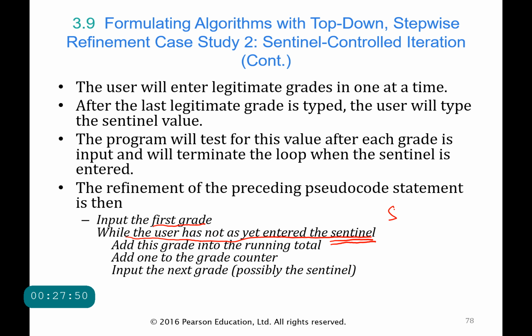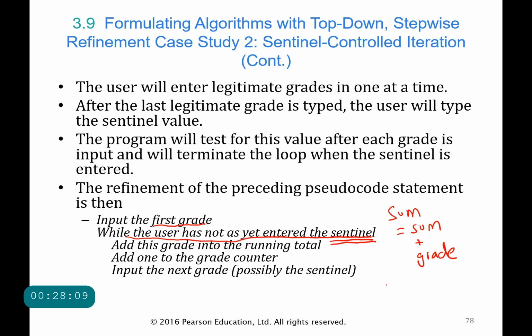To sum we add the grade that the user has input. And once we do that, we ask the user to input the next grade.